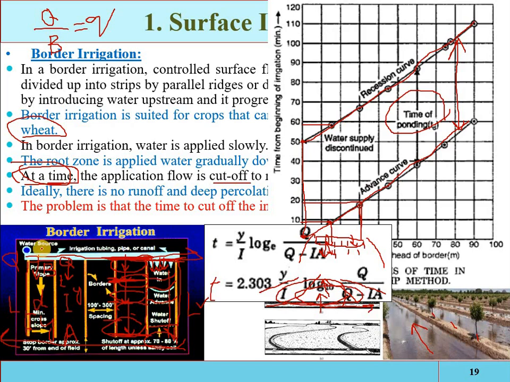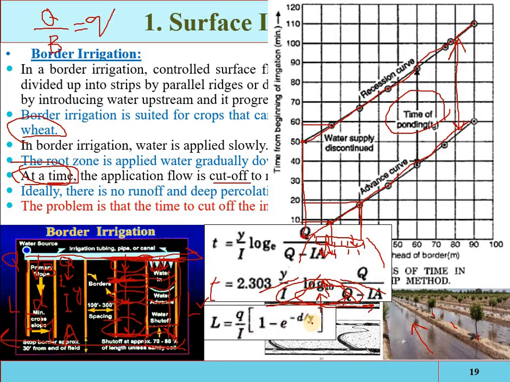So for a unit discharge, for this much discharge, how much length will be designed? This unit discharge will be properly applied to how much length of the border? That is the design of the length of the border, which is equal to Q divided by I into 1 minus e to the power minus d divided by y.